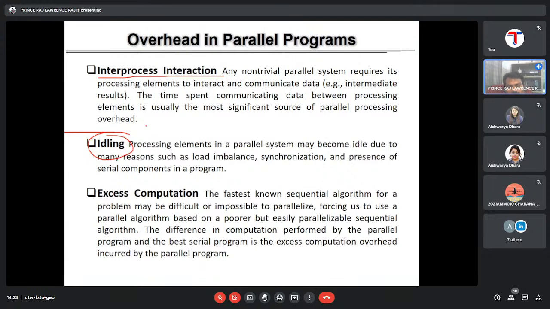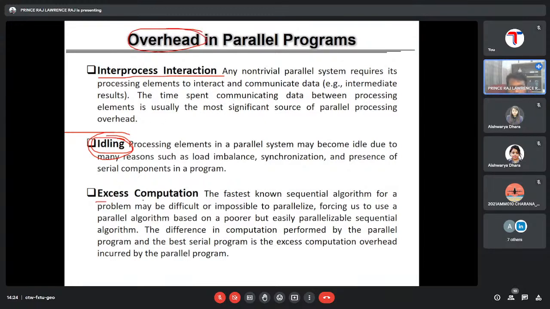Same thing here also. With 10 processors, if one processor finishes the task later, then all the other 9 processors have to wait, which means idling time. It is not doing anything, just there. That idling time will increase the computation overhead.